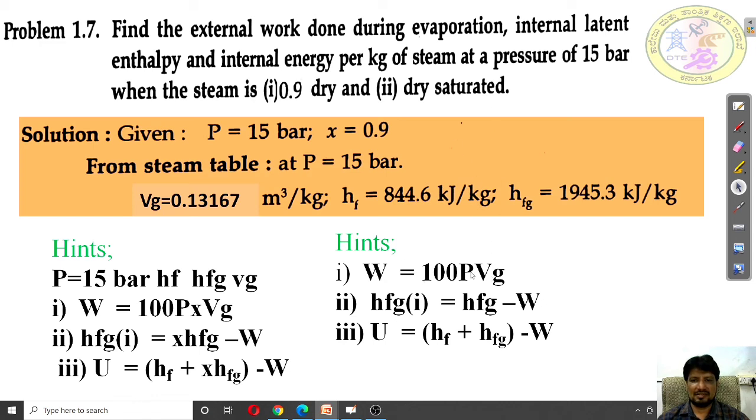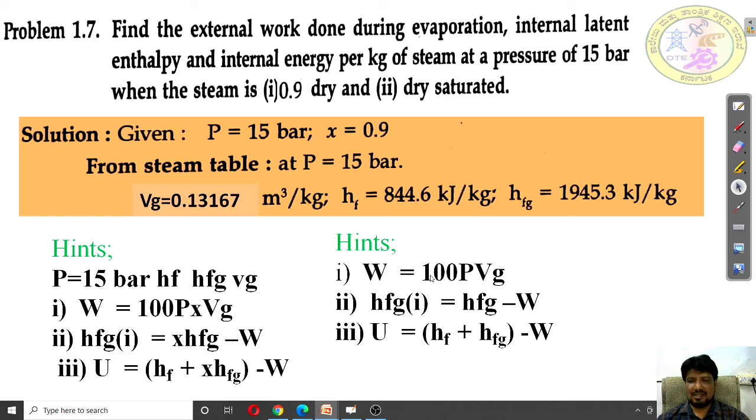When it is dry saturated, X is 1. Similarly, internal latent enthalpy of dry steam is HFG minus W, so here we consider X into HFG, that is HFG minus the work done.